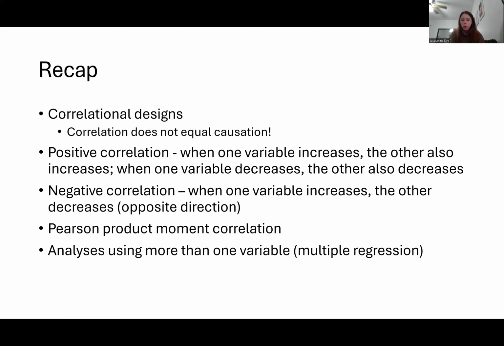Then we have a negative correlation, which is when one variable increases, the other decreases. So in other words, the variables move in the opposite direction. We talked about that the most common or well-known way to calculate correlations is with the Pearson product moment correlation. And then we also talked about some types of analyses for when someone has more than one variable.